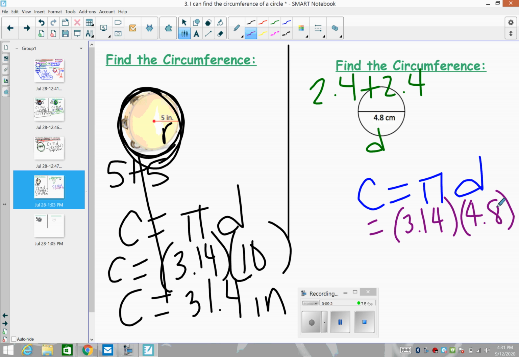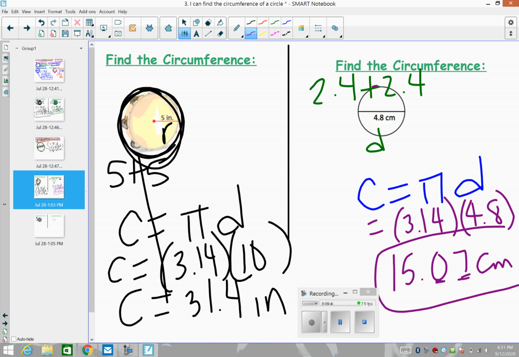Type it in, and we get 15.07. Cut it off in your calculator. Centimeters is the distance around that circle. So super fabulous. That is circumference.